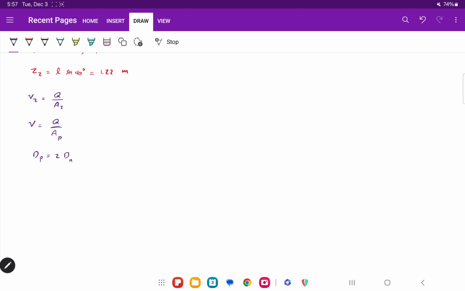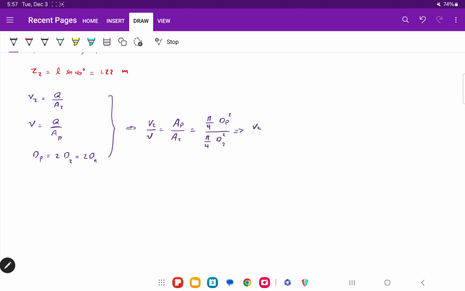So instead of nozzle I can write D_N or D2. From these we can understand that V2 over V equals the area of the pipe over the area of the nozzle, which equals pi over 4 D_P square divided by pi over 4 D2 square.